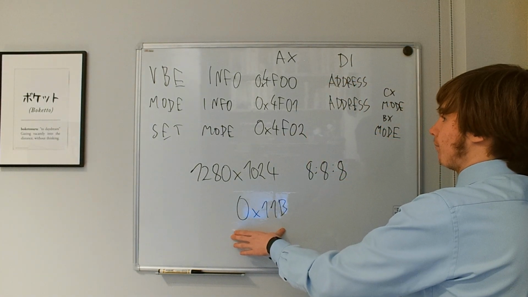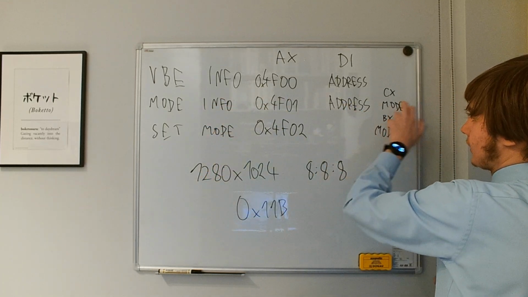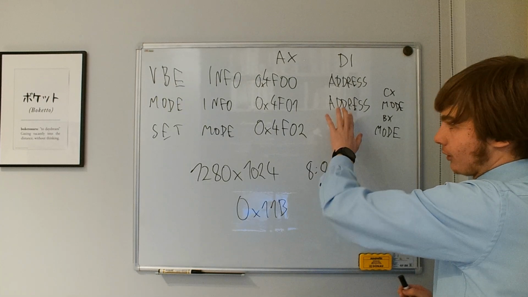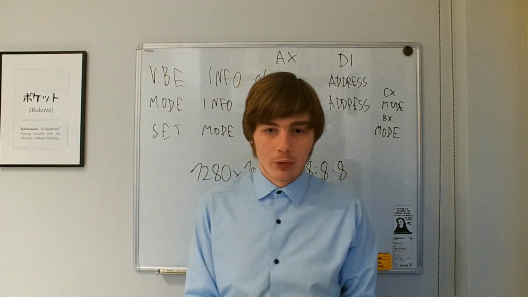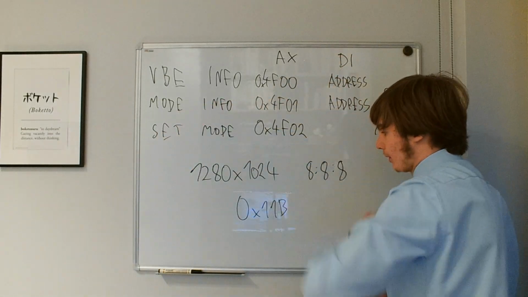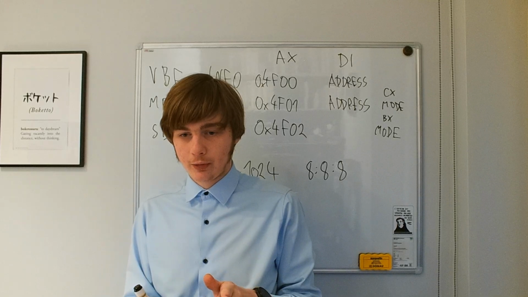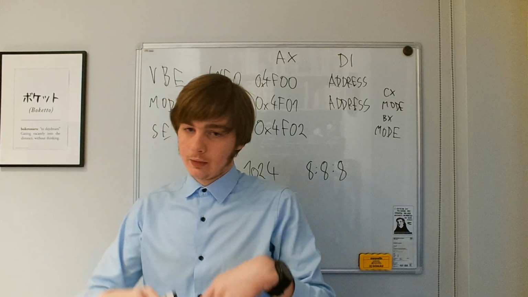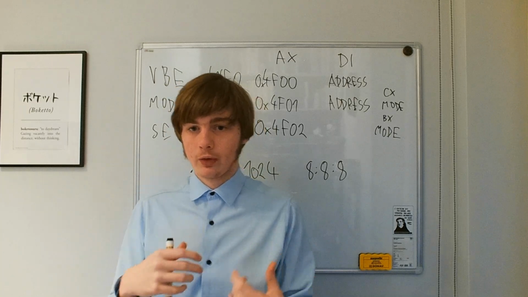Anyway, so you get the mode info, so you set this as CX, and into this structure, which is found at this address that you set in DI, you're going to find the physical base pointer. Fantastic, you set the mode, and you have the physical address of the frame buffer, and you might have changed it while paging to be a different virtual one, right?